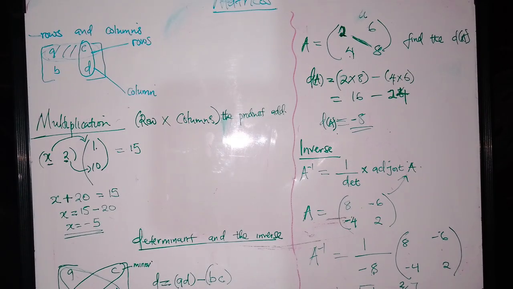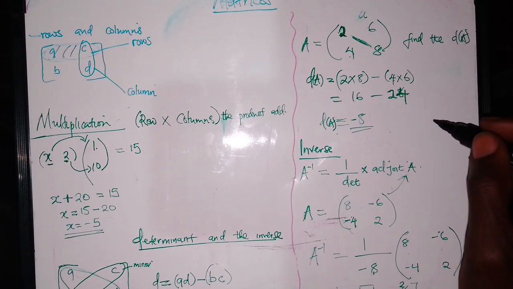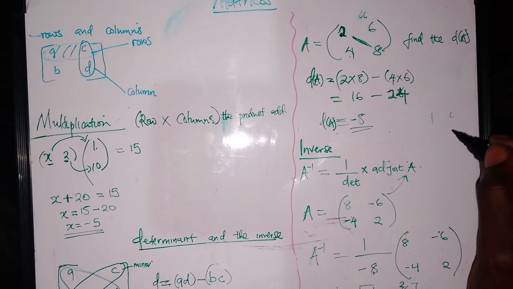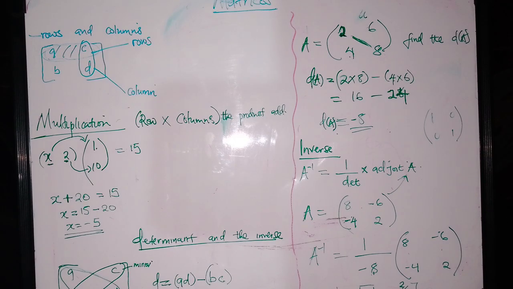Then when you multiply these two, they should give you a matrix with results like 1, 0, 0, 1, which is an identity matrix. So when you multiply the inverse and the normal set, you get an identity matrix.